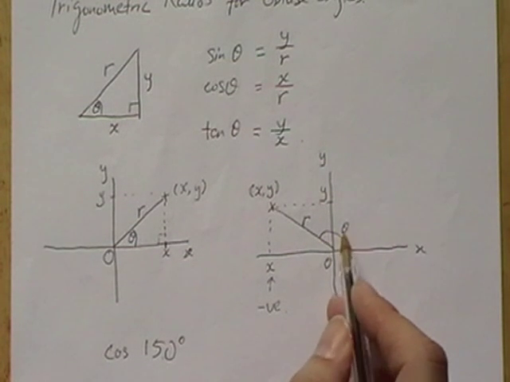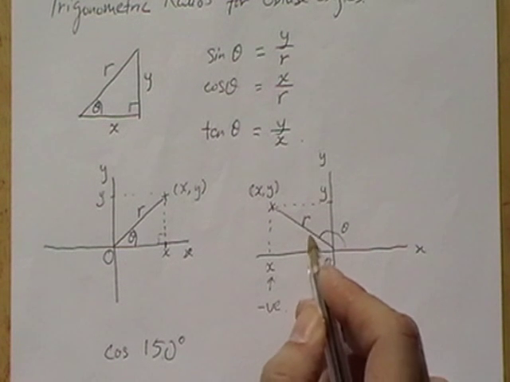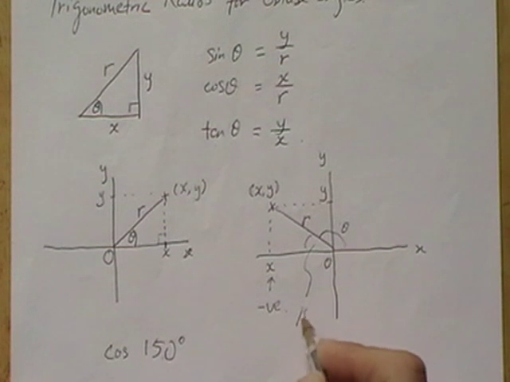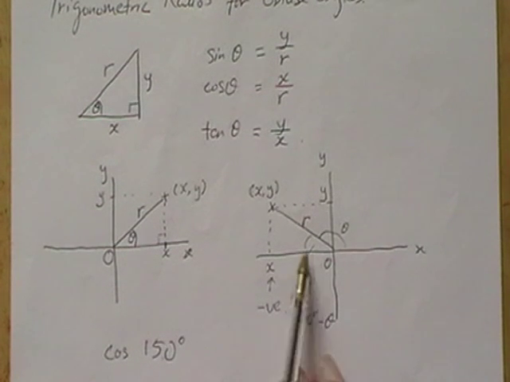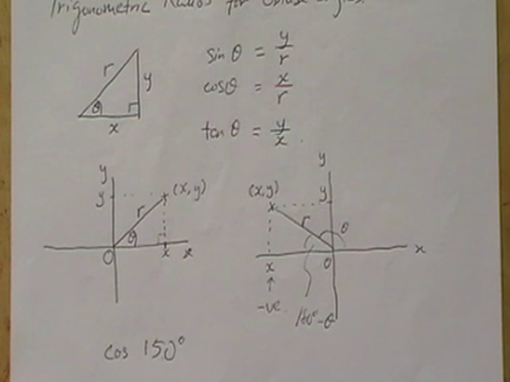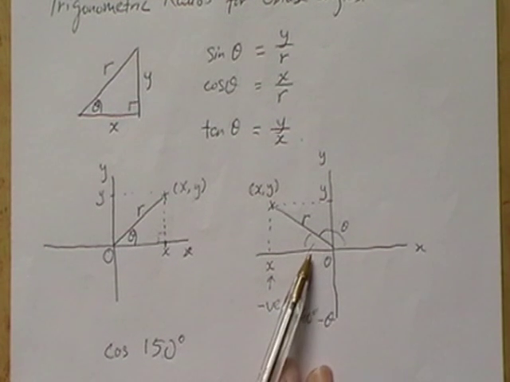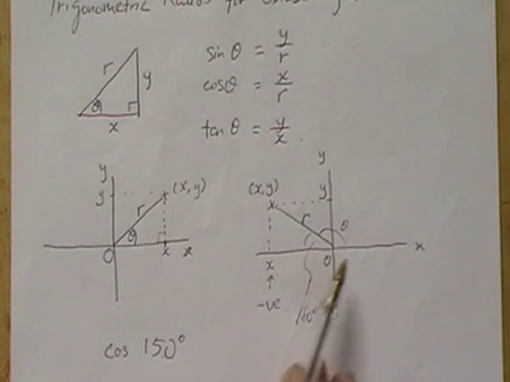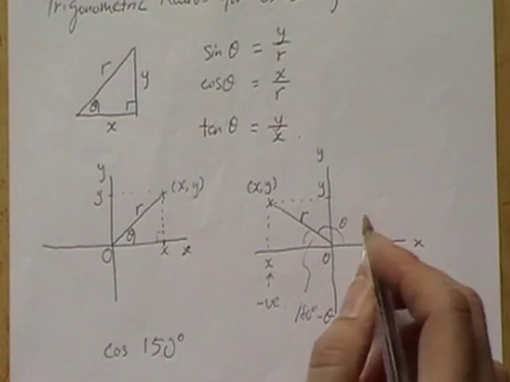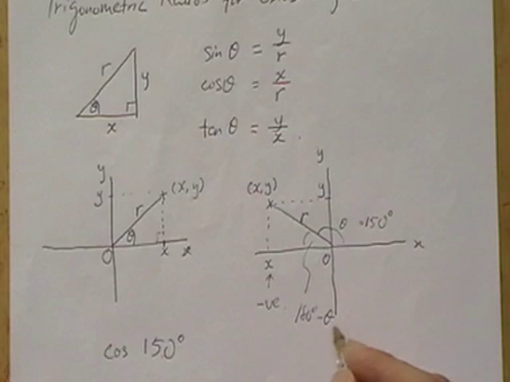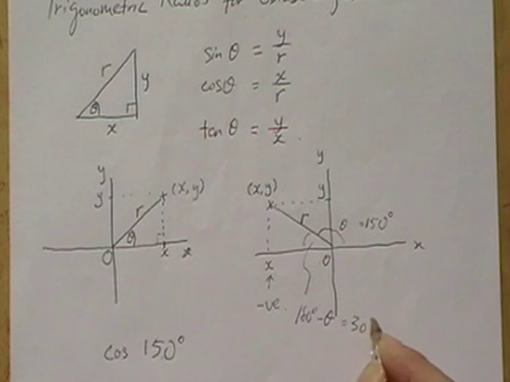But the obtuse angle is related to this angle. This angle is just 180 degrees minus theta. As you can see, that's a straight line. Now, I know that if this is 150 degrees, then this would be 30 degrees.